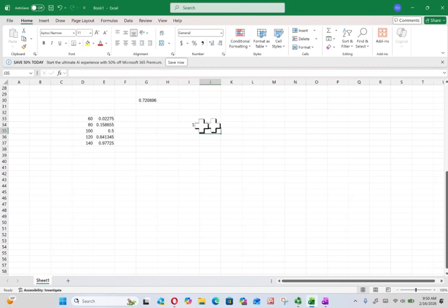And the probability is 0.933. 93.3% of the distribution is to the left. 1 minus that is to the right. All the probabilities in Excel come from the left. If you want anything else, you have to subtract it.